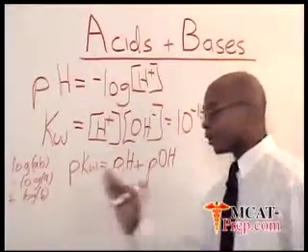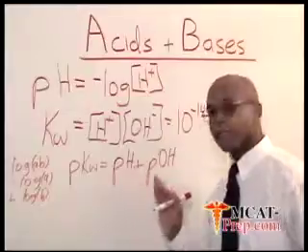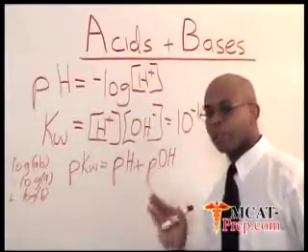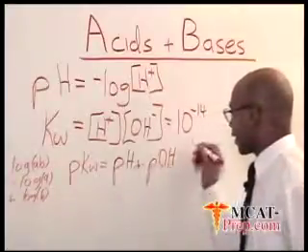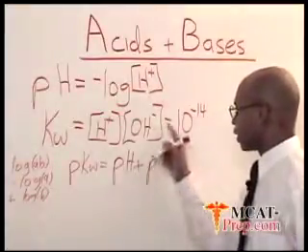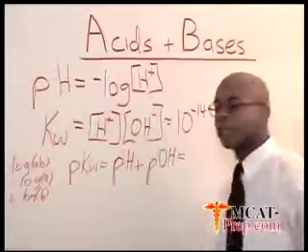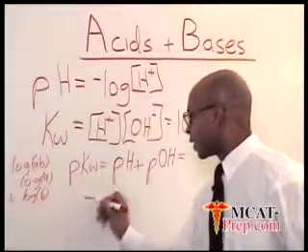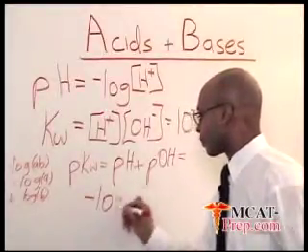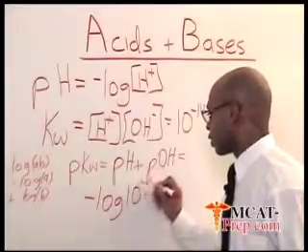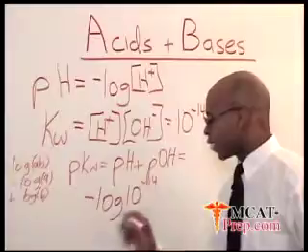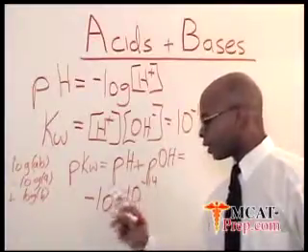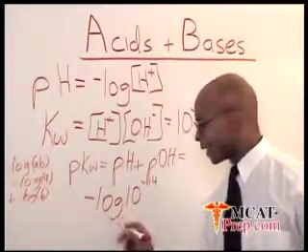And so you see the relationship between pH and pOH, because now we will develop the conversion factor for it. It would be equal to negative log of 10 to the minus 14. Based on the rules of logarithms, this logarithm is base 10.